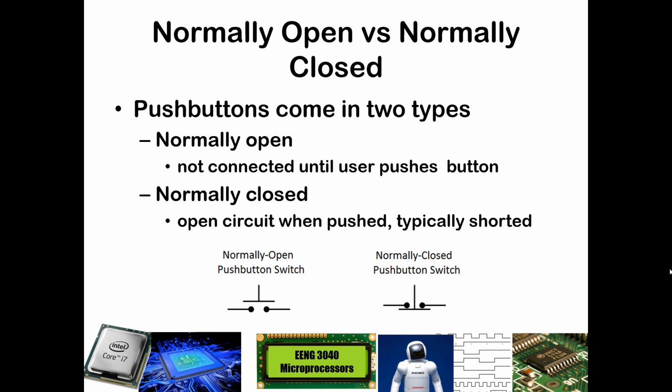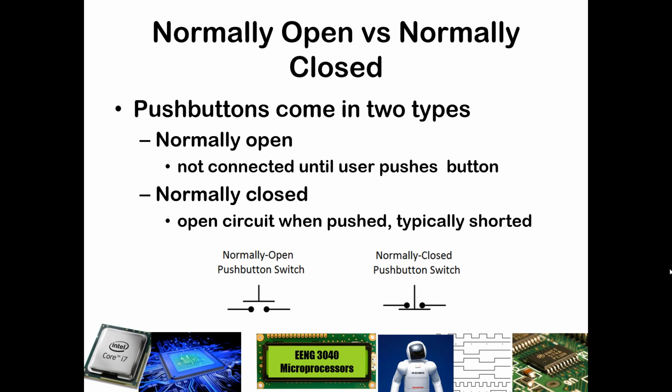As you see in the bottom left, a normally open switch has a connector plate that usually rises above two contacts, and when you press the button, it closes those contacts with a closed path for current to flow. A normally closed switch is the exact opposite. If it's not pressed, the contacts are connected via the portion of the button, and when the switch is pressed, it creates an open circuit.